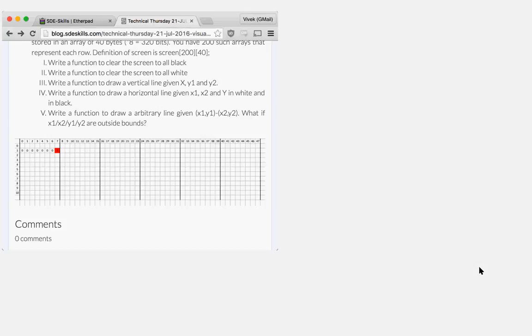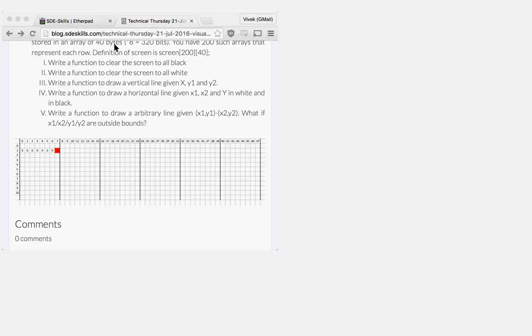Okay. And so does y increase as it goes down? Yep. Okay, then I'm cool. And then x increases as you go right, correct? Yes. Okay, I defined a bunch.